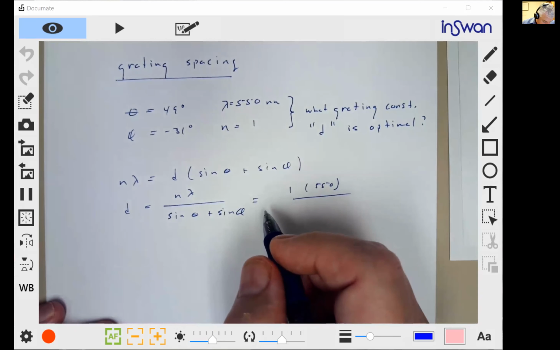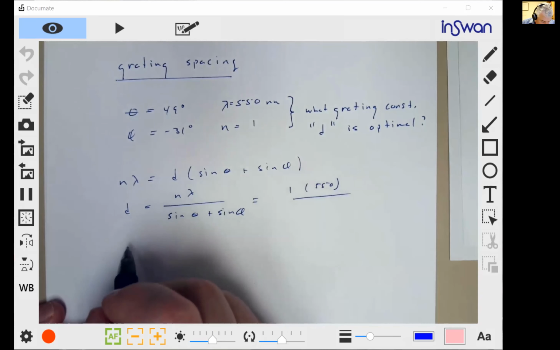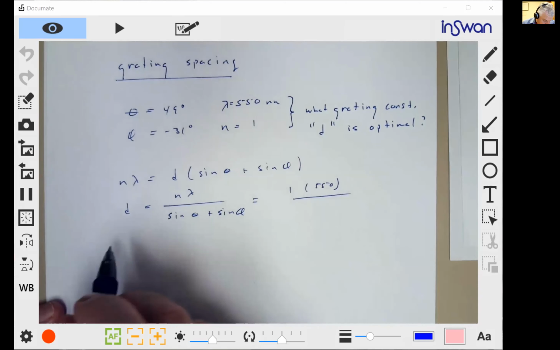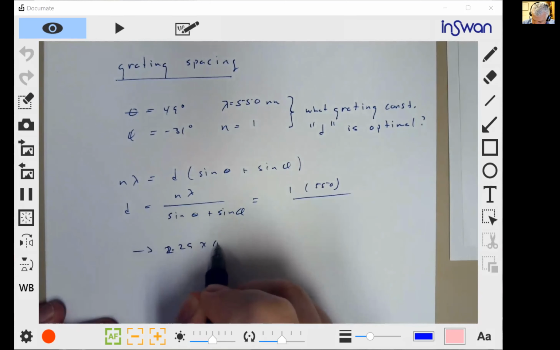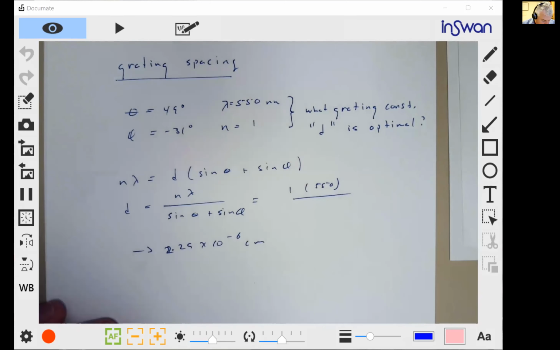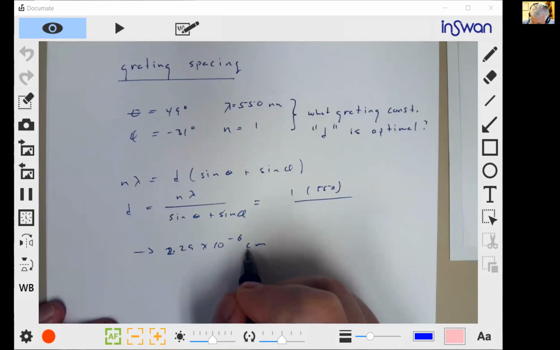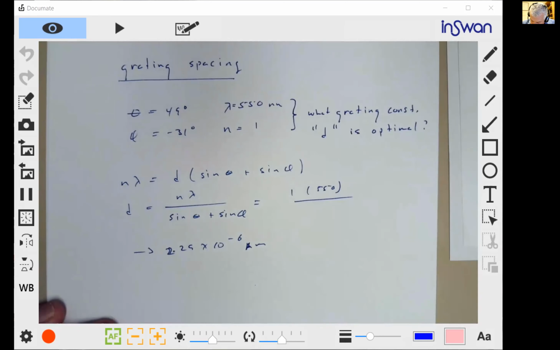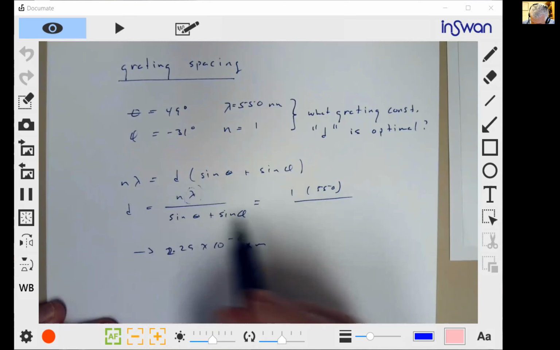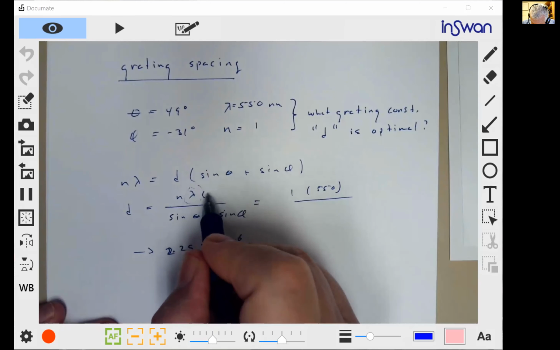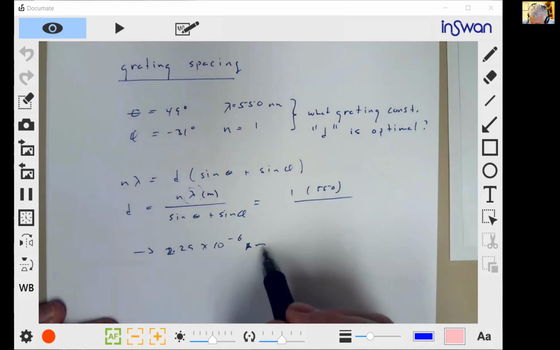And this gives you a value of 2.29 times 10 to the minus 6 centimeters. I'm sorry, meters. This is meters, right? Because if I use meters in this unit, then meters will come out in this unit here.